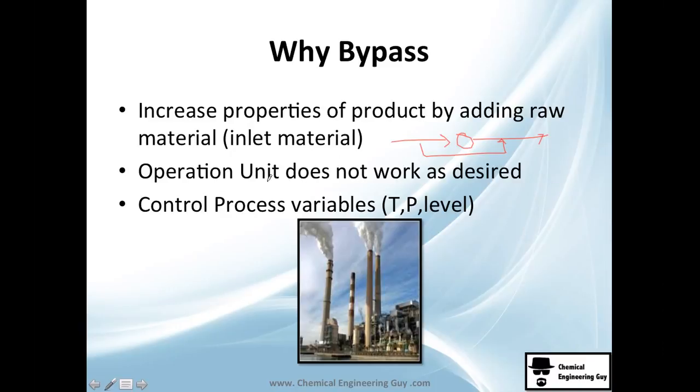The operation unit does not work as desired. You have this unit, but, I don't know, you want to stay at the max. So maybe the max is 100 kilos per hour and you have 120. Well, if you put those 20 in here, you will have, of course, spill.